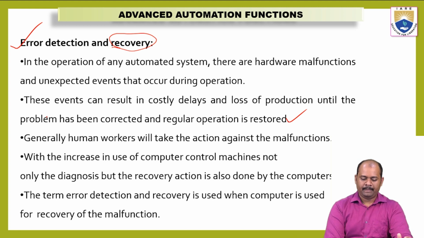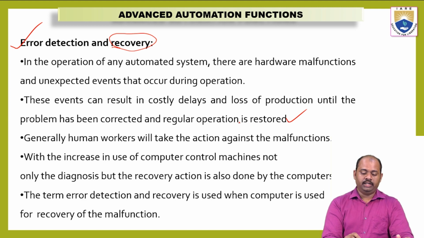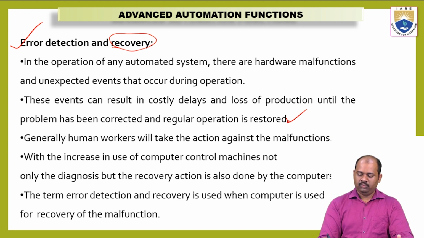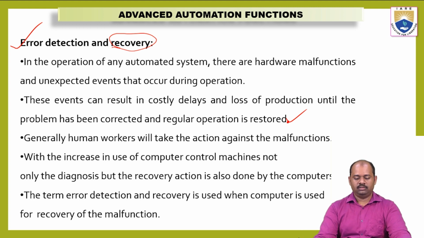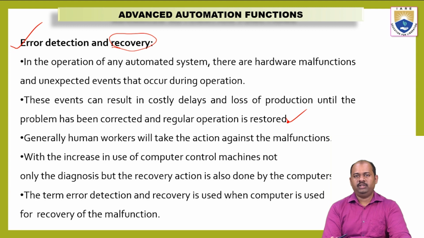So that is why these systems should be detected for errors, and they should be recovered. While recovering from the errors, if human beings try to identify these problems, the damages or malfunctions of the system, it will take more time.